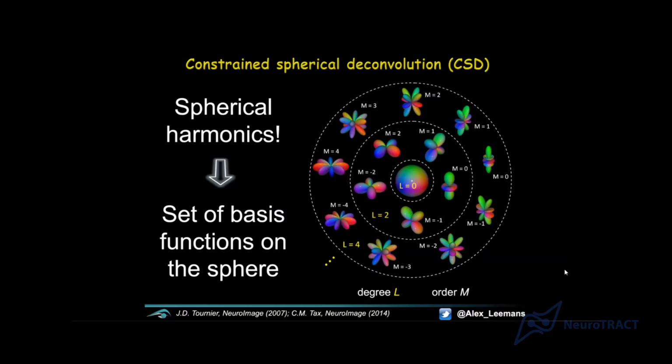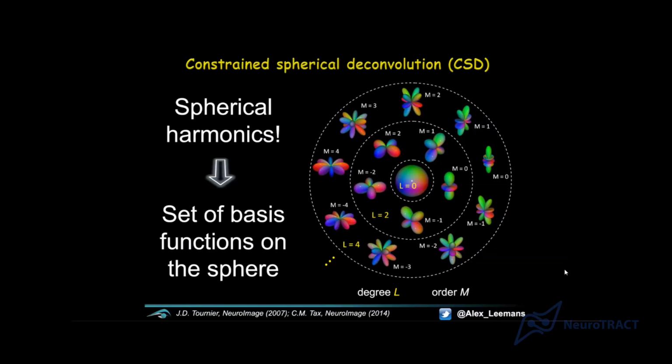So the cool thing is, and this was proposed many years ago, Donald Tournier is one of the pioneers in this field. He basically said okay, let's look at the diffusion signal and model it with spherical harmonics, and then we'll do a cool trick.